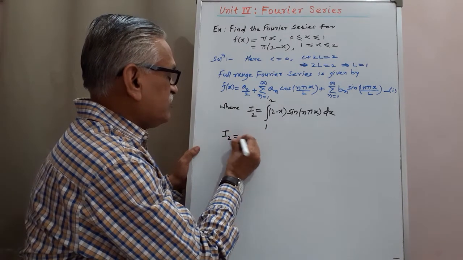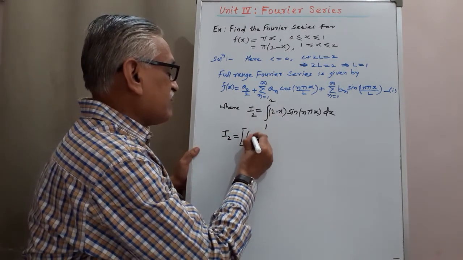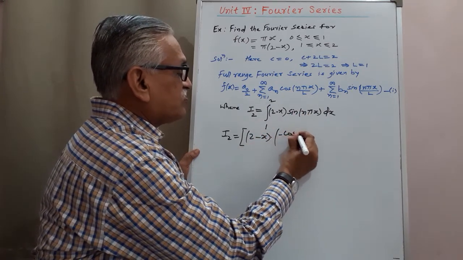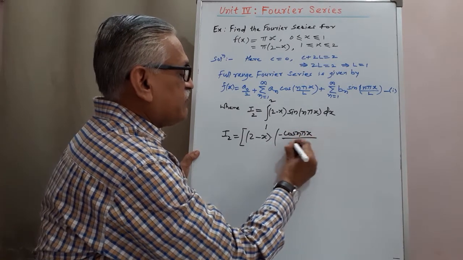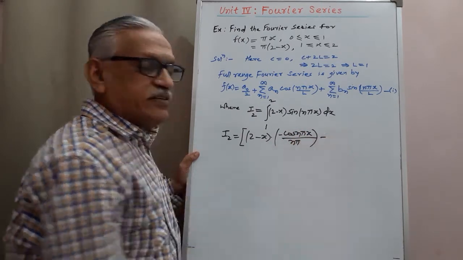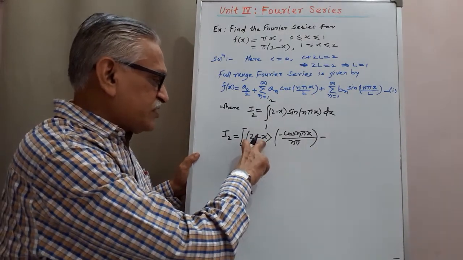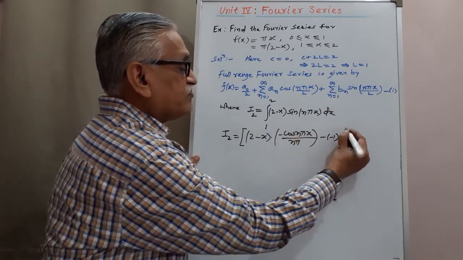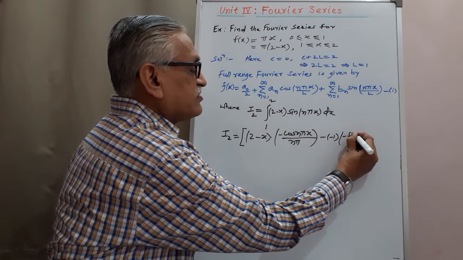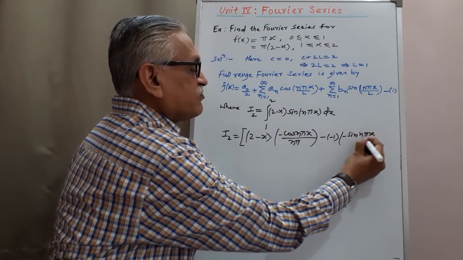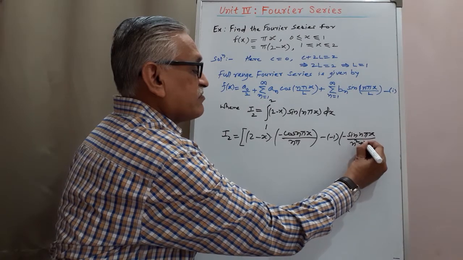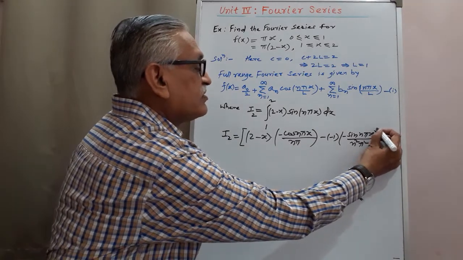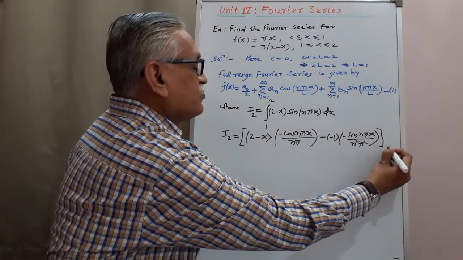Therefore I2 is equal to, first term is 2 minus x, integration of sine is minus cos n pi x by n pi, minus differentiation of this term with respect to x, the derivative is minus 1, integration of this term minus sine n pi x by n square pi square, next derivative 0, therefore we stop here and limits from 1 to 2.